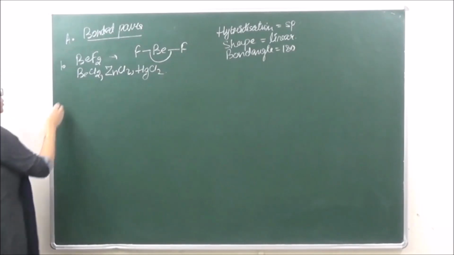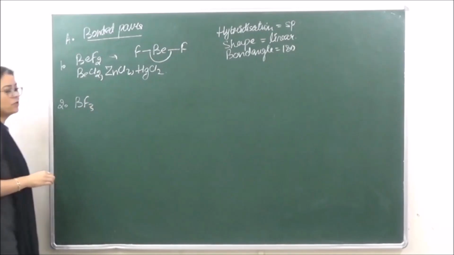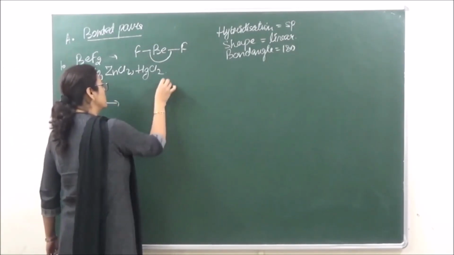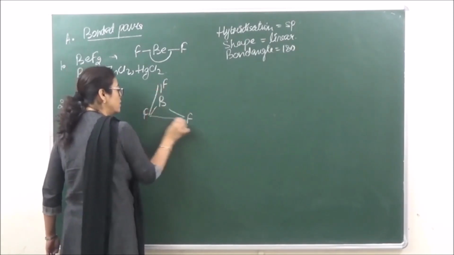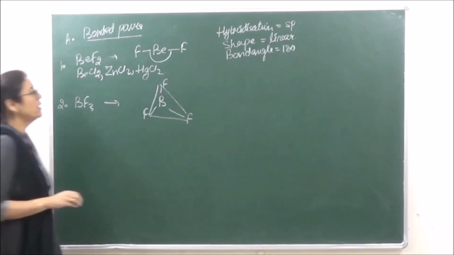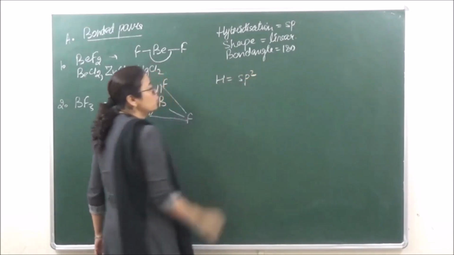The second molecule which we are going to discuss is BF3. This is going to be the molecule of BF3. The hybridization in this case is sp2.